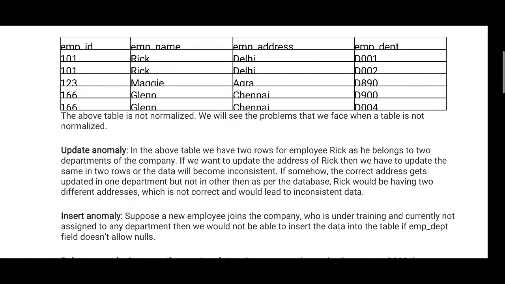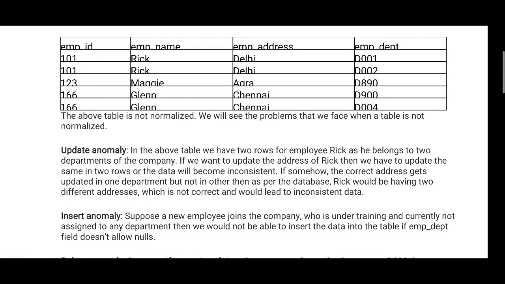Here employee Rick belongs to two departments of the company. If you want to update the address of Rick, we have to update the same in two rows or the data will become inconsistent.